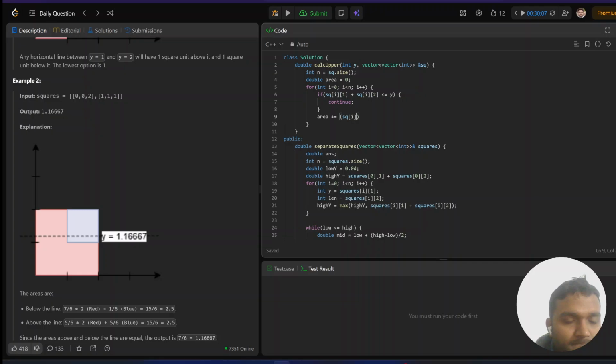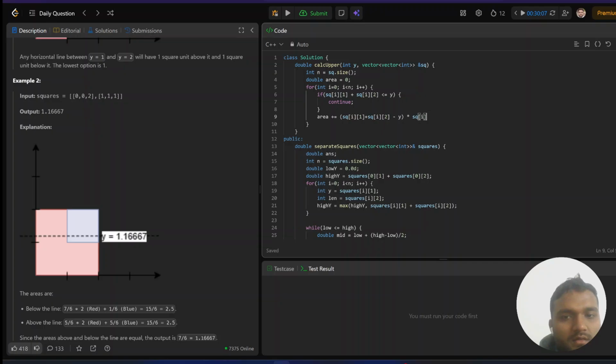I want your maximum y, like here your y is 2, and we have this 1.5. I just need to subtract from your maximum y coordinate, that is 1 plus 2, your maximum y coordinate minus my y, that's correct, and multiply by just our length.